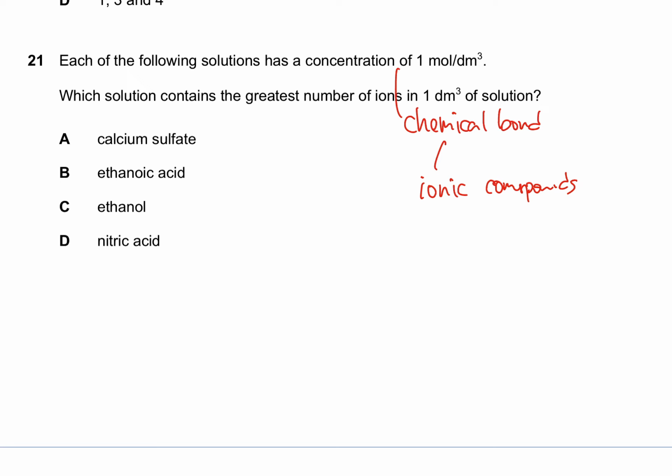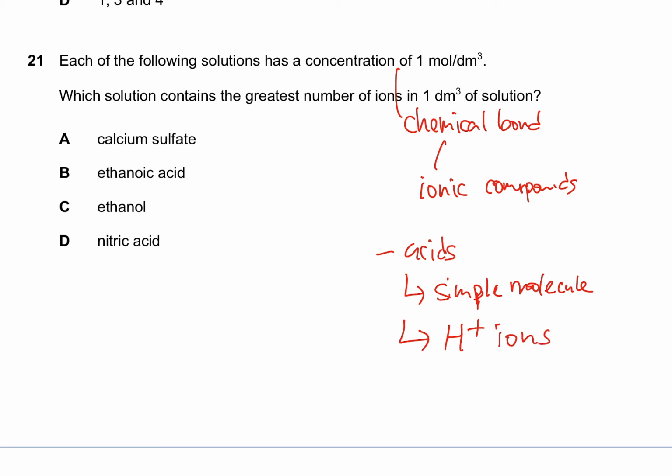It's also in the chapter of acids, because we know that acids are special simple molecules that when dissolved in water will produce H plus ions. That means these simple molecules are so special, they are not ionic compounds, but when they dissolve in water, they form ions.